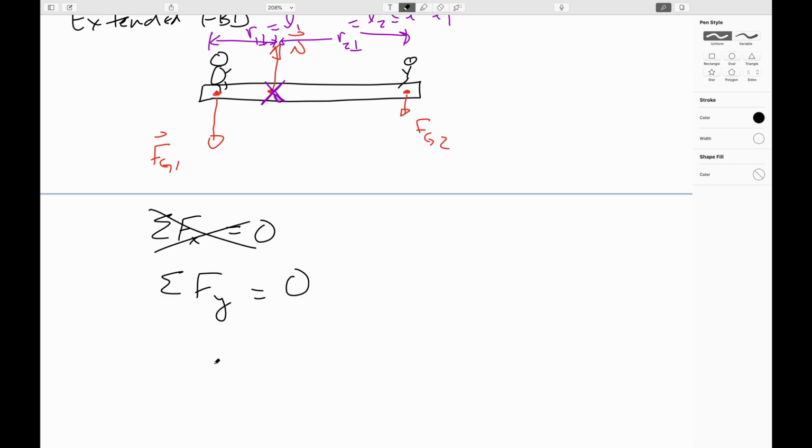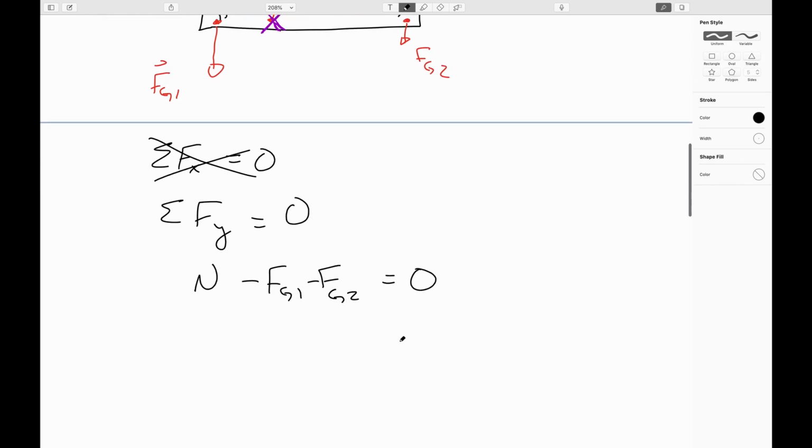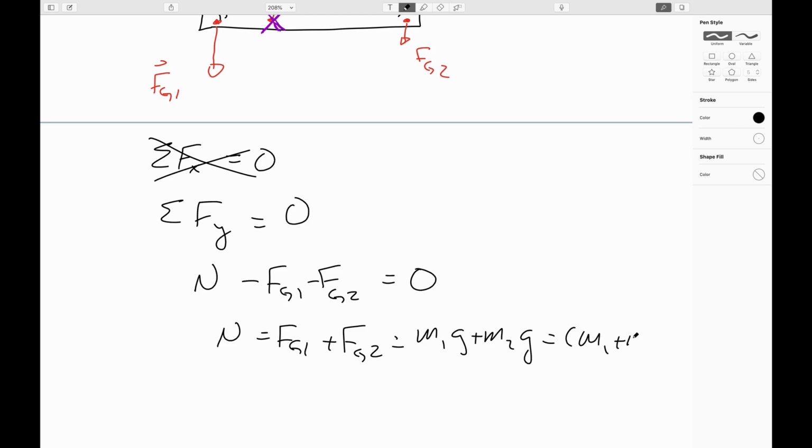We've got the normal force acting straight up, and we've got the two gravities acting straight down. So we put minus signs in front of the gravities to indicate that they're going down. This gives us that the normal force is equal to Fg1 plus Fg2. So this is M1g plus M2g, or if you prefer, (M1 plus M2)g. All right, so we can put in the numbers.